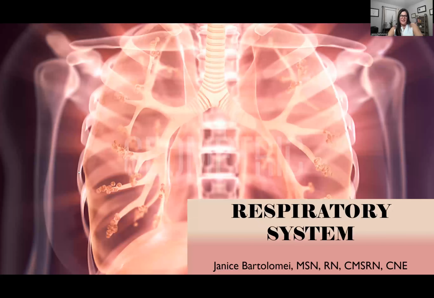So let's get started. Pretty much what we want to start with is a little bit of the anatomy of the respiratory system. And for you to understand that within the alveoli, which is that parenchyma, which is the functional part, it's where the exchange of oxygen and carbon dioxide happens. So we breathe in this air, this oxygen, and it goes all the way to the alveoli where it exchanges for the carbon dioxide, the byproduct that we produce, and it's done in that capillary system.